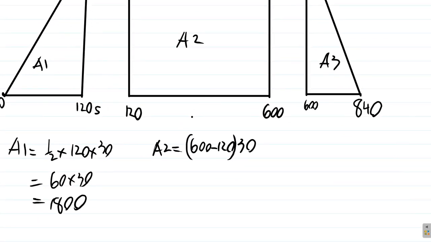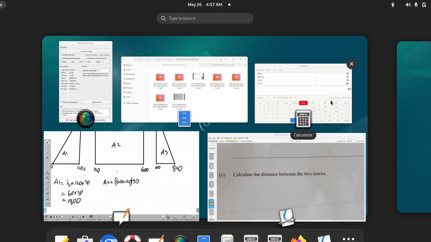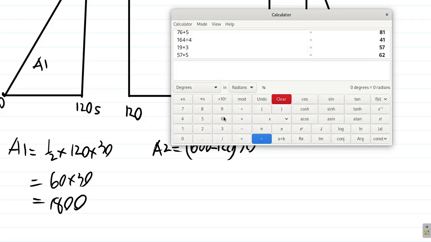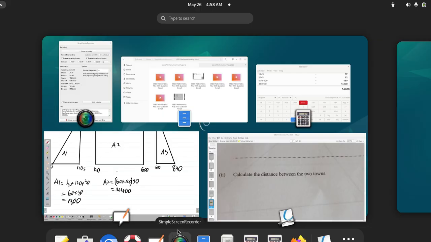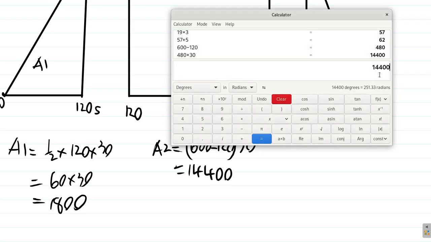So 600 minus 120 equals 480, times 30 equals 14,400.